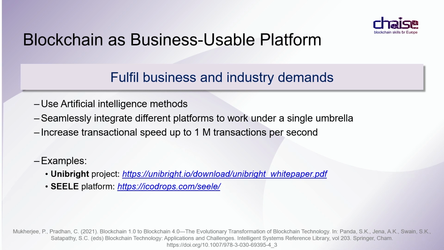The introductory blockchain to put forward Blockchain 4 utilization is Unibright, which enables an amalgamation of various blockchain business models. Another example is the CLI platform, which allows integration in blockchain space by permitting cross-communication between different protocols across various services harmonically. The fourth generation has the potential to allow transaction speed up to 1 million transactions per second, which is currently impossible in the existing generations.